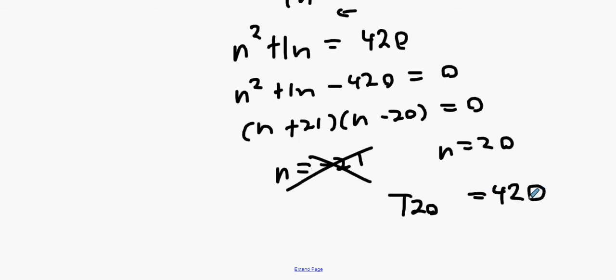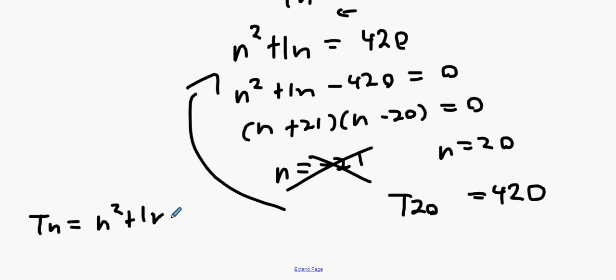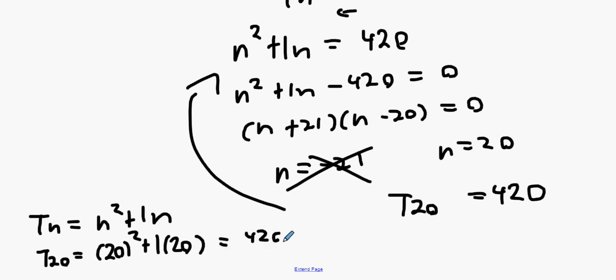What would happen if you replaced n with 20? If Tn is n squared plus 1n, T20 would give you 420. I was asking you, there's 420 tiles. What pattern has 420 tiles? The answer is the 20th one.